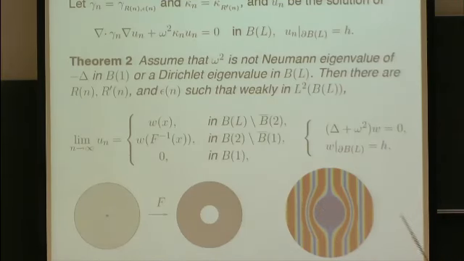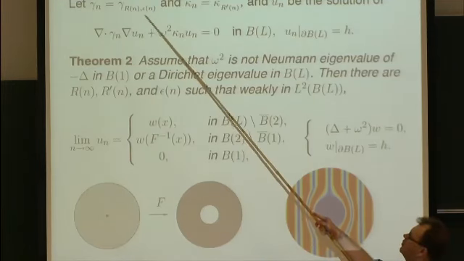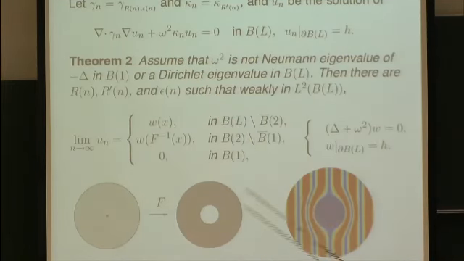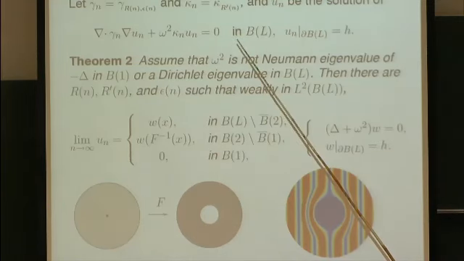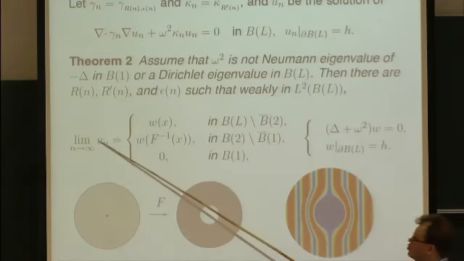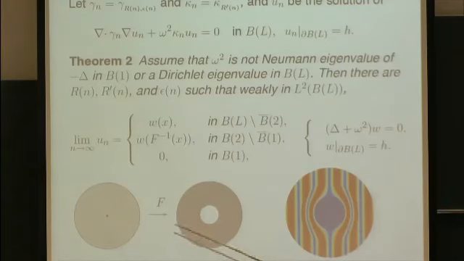Now one can show that one can choose these approximation parameters, these r and epsilon n's, here you see the different radial parameters, in such a way that when n goes to infinity, when the approximation gets better and better, then, assuming that we have no resonances, the solution converges weakly to this type of function.